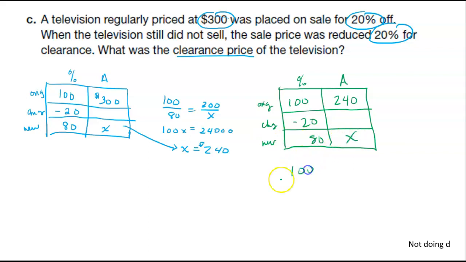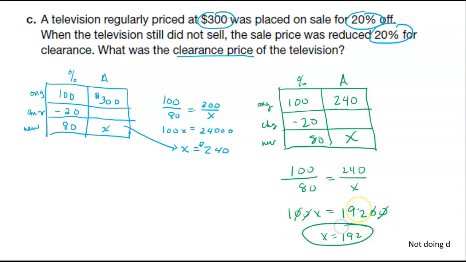So we have 100 over 80 equals 240 over X. 240 times 80 is a lot. And then when you divide, you get X is equal to 192. That's my answer. Did I get that right? I did!